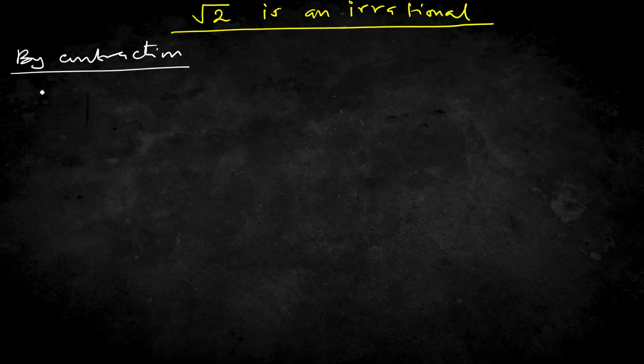Let's assume that root 2 is a rational number, and we know a rational number is a number that can be expressed as a over b.